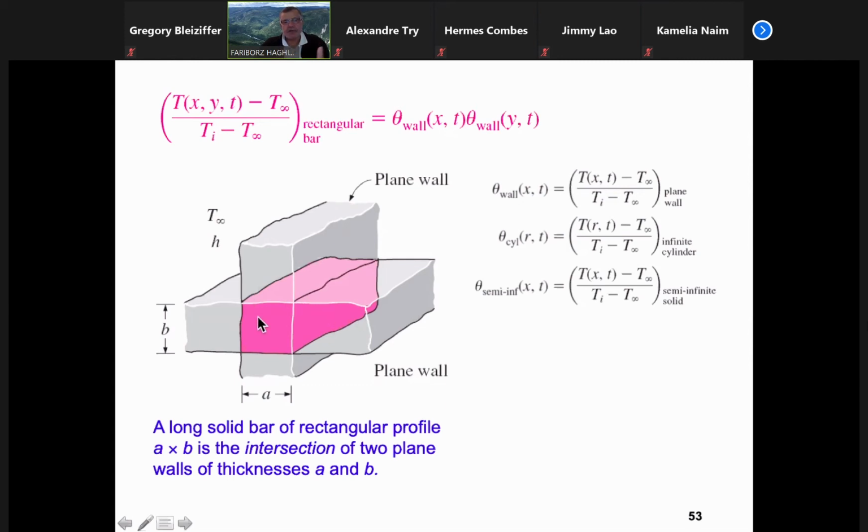Therefore, we can solve this by applying the graphs that we had. As I mentioned, the figures that we had for a plane wall, for a cylinder, and for a sphere can be combined to find the solution for two geometries, okay? Any question, please?